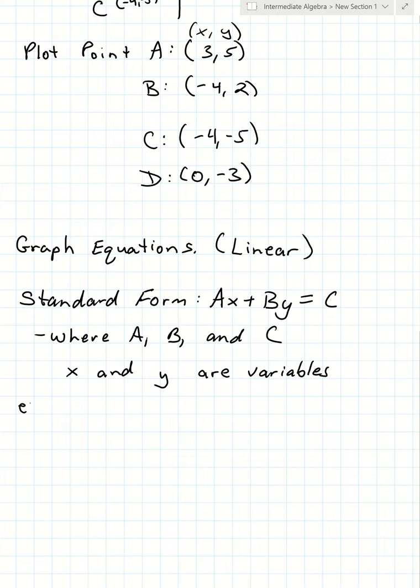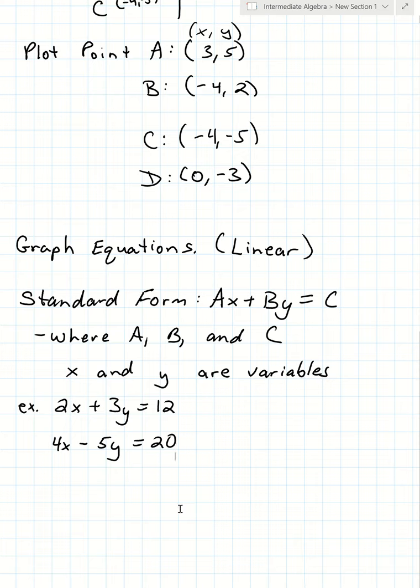For example, let's say we have 2x plus 3y equals 12. This would be an example of an equation in standard form. Or we may have, let's say, 4x minus 5y equals 20.